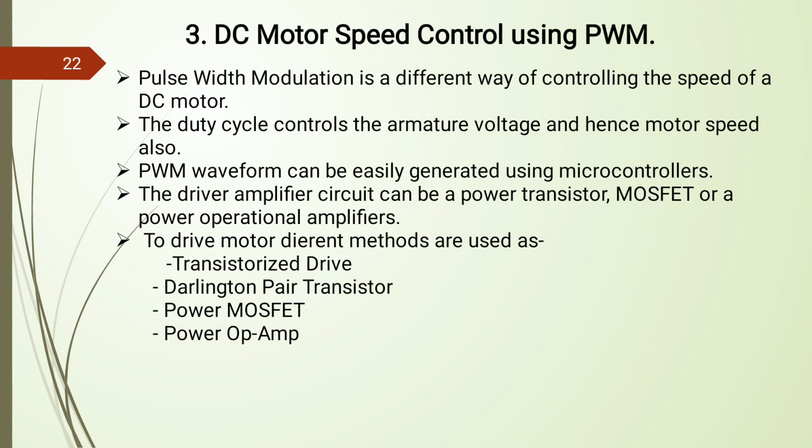So this is mostly used for more current requirement or high power applications. Then power MOSFET and power amplifiers, power op amps. These two are again used for high power rating applications, and these are the different ways for the interfacing of DC motor with PIC 16F microcontroller.